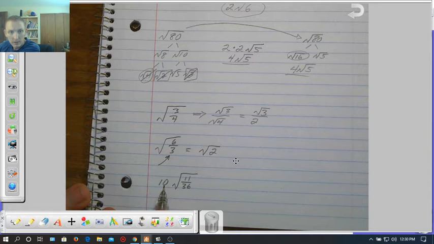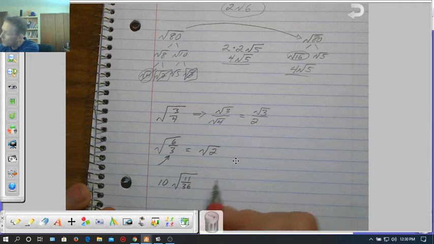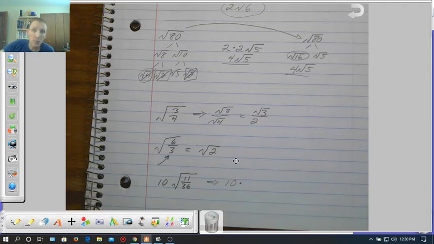This 10 is being multiplied by whatever is this radical. So as I work my way through this, I'm going to always have a 10 that's going to be multiplied in front of whatever happens. And we're going to remember later on that I can take any integer and I can make it a fraction by putting 1 underneath it. So let's start first of all by splitting up the fraction that's inside the radical.